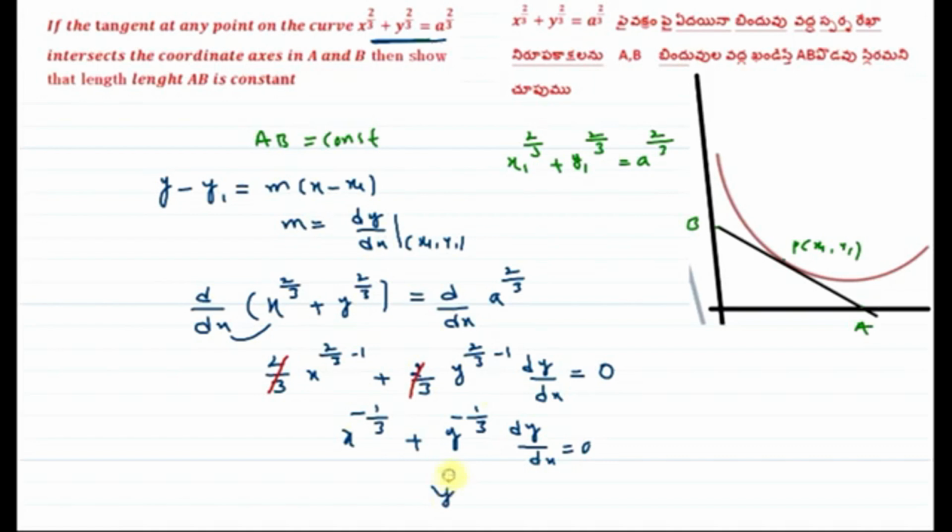Now y to the power of minus 1 by 3 dy by dx is equal to minus x to the power of minus 1 by 3.